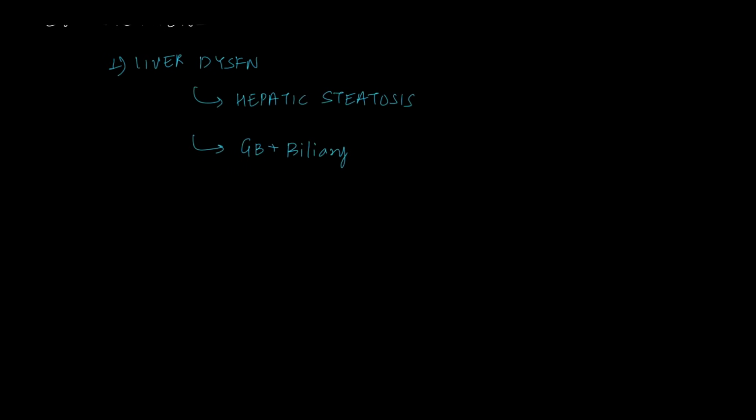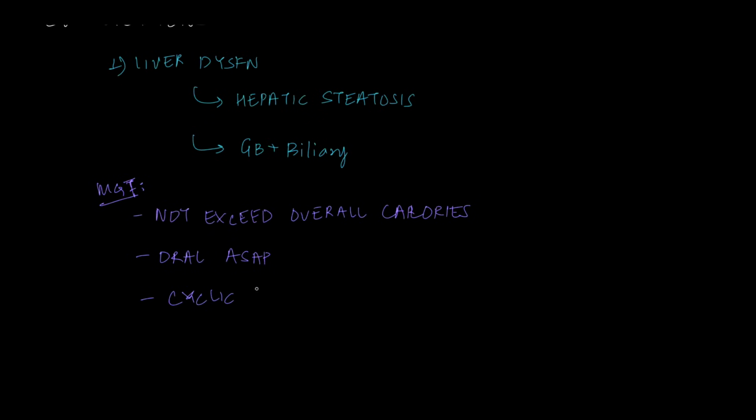So management of this would be to not exceed overall calories, initiate oral nutrition as early as possible, cyclic parenteral nutrition. So cyclic parenteral nutrition would allow fasting time to reduce the insulin levels and to help with liver dysfunction, and to always send blood cultures, because liver dysfunction could also be a sign of sepsis.